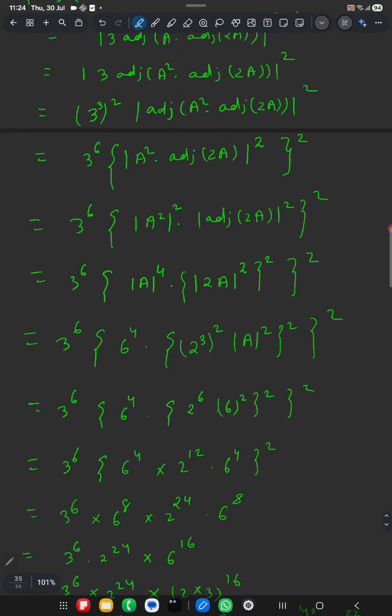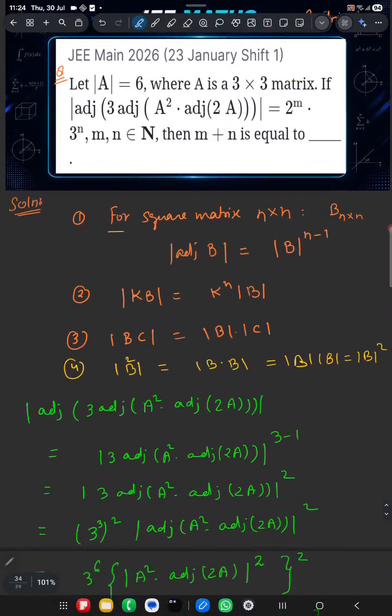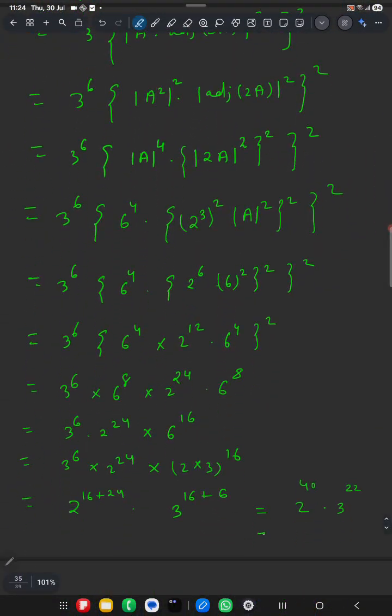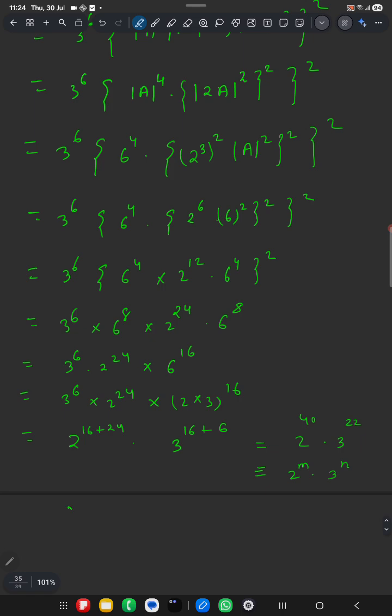So in your format it is given 2 power m and 3 power n. So m is how much? 40 and n is how much? 22. So m plus n is how much? 40 plus 22, that is 62.